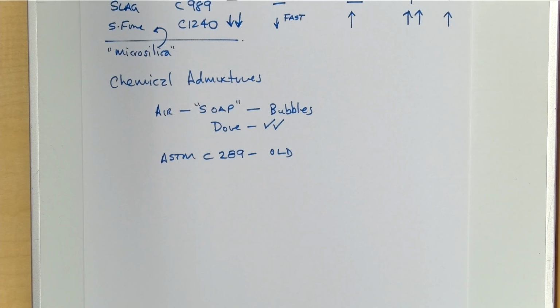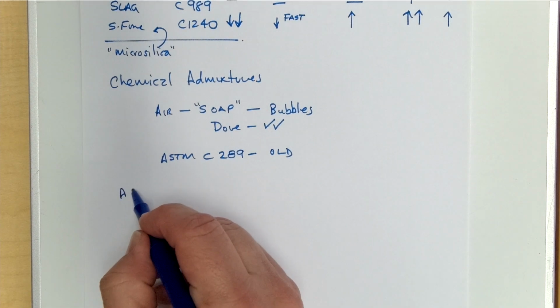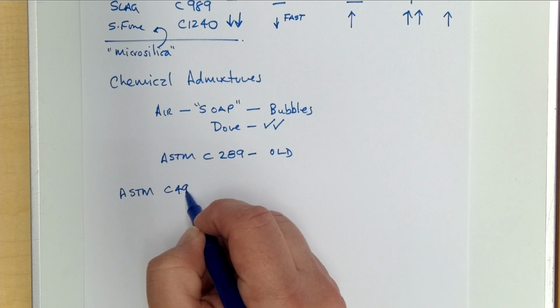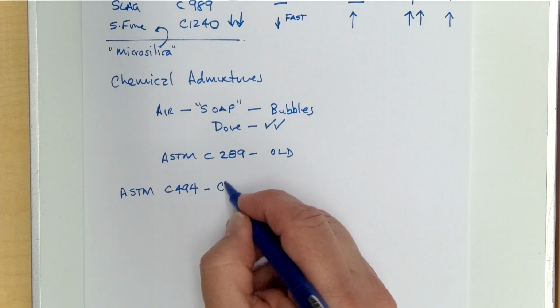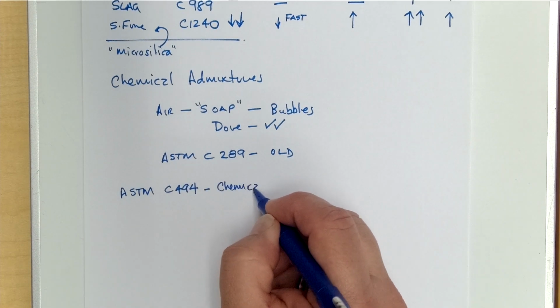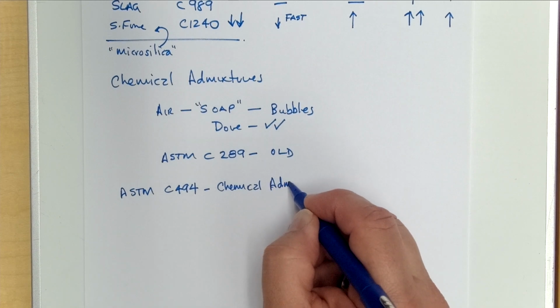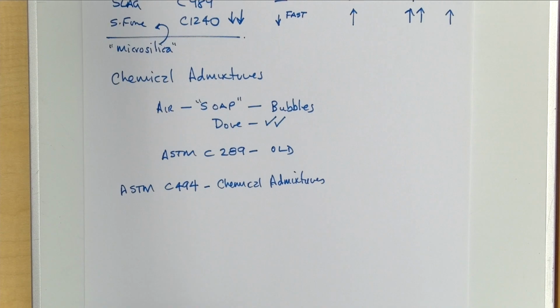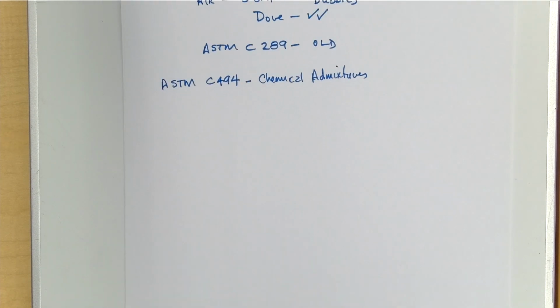It had its own admixture, its own specification. But we have a bunch of them. ASTM C494 is chemical admixtures. And we'll talk about some of the things that are common to see.